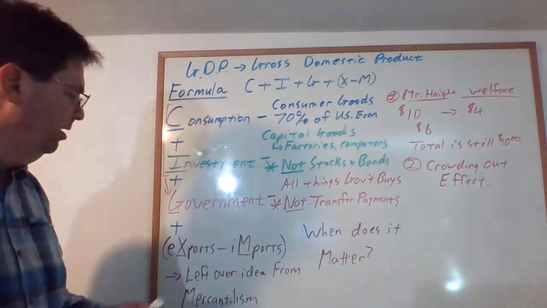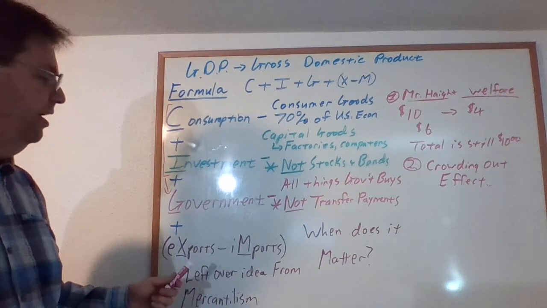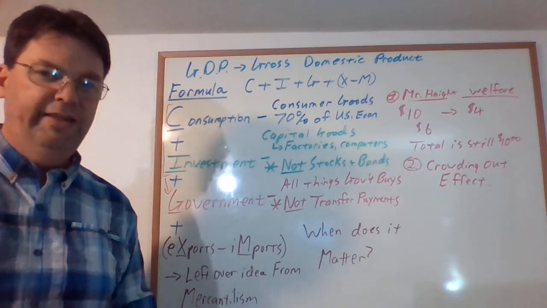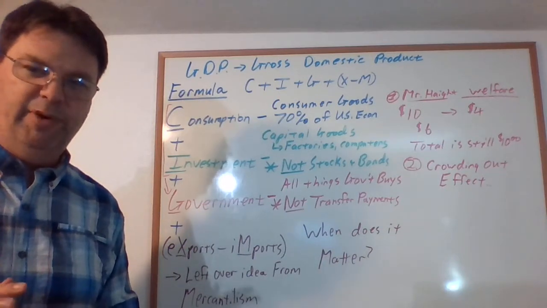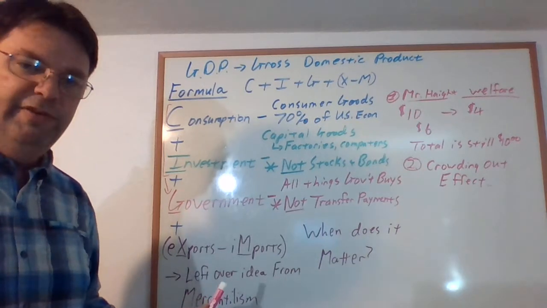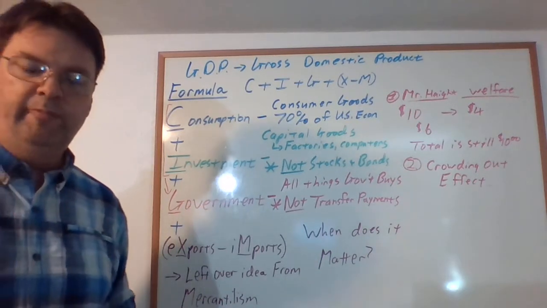All right. Next one here, you've got exports minus imports. This, again, is another one that people have a lot of problems with. I certainly do. Because it's sort of a leftover idea from mercantilism.